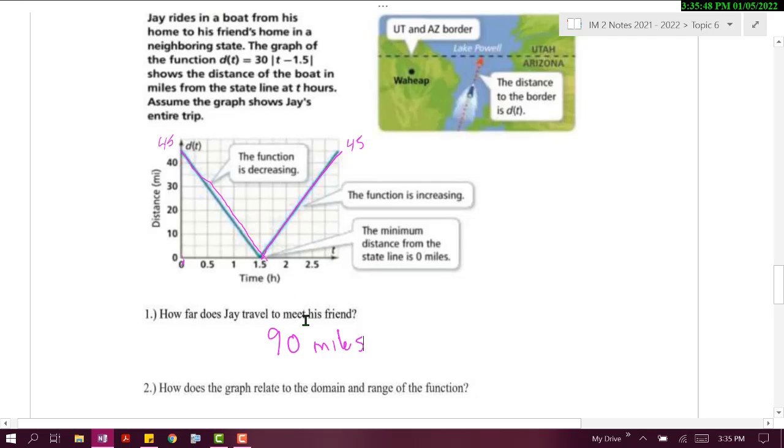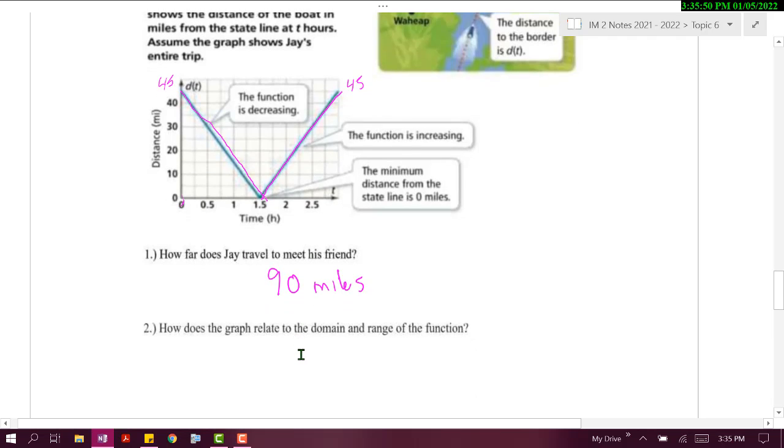How does the graph relate to the domain and range of the function? Well, our domain, it's time. So time has to be greater than or equal to 0, t, not x this time. And it's got to be less than or equal to, well, what's the biggest time we have on here? 3 there. So time's got to be between 0 and 3, because we can't have negative time.